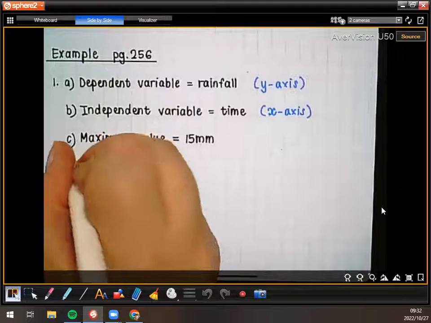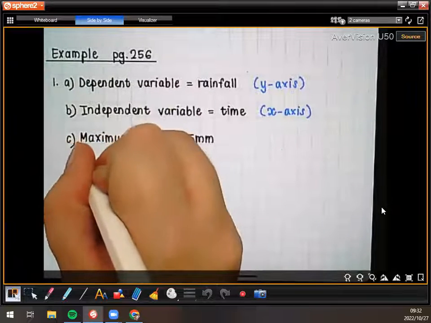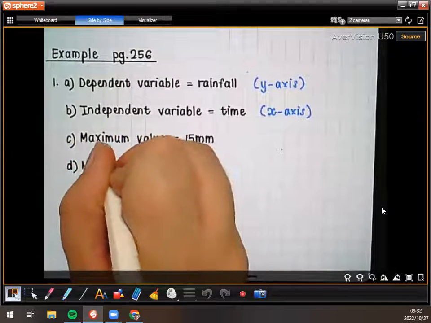All right, for D, so you guys can guess what they're asking in D. What is the minimum then?